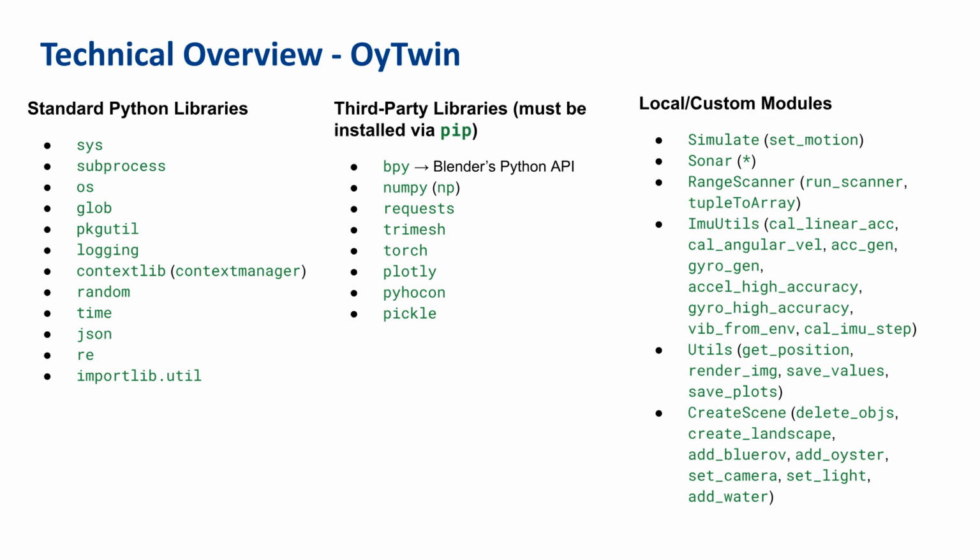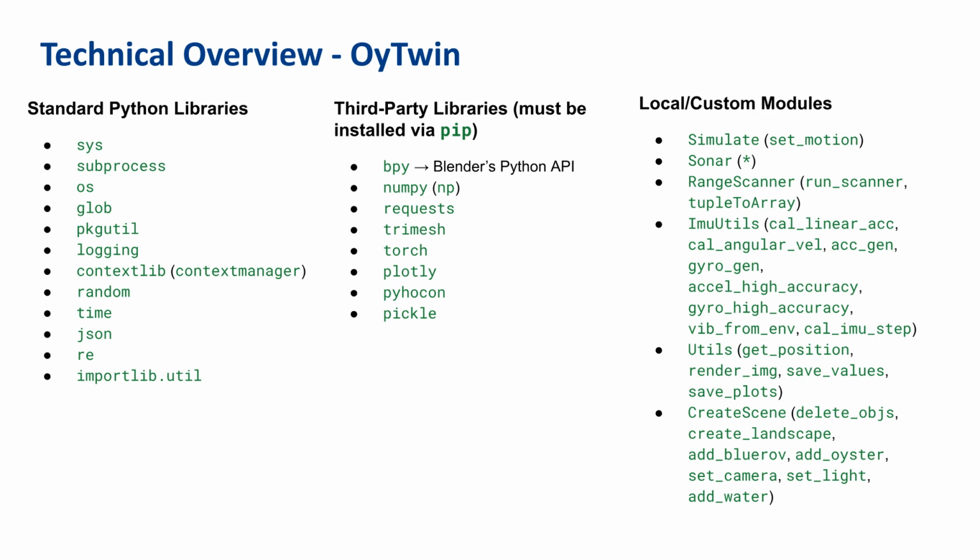In the middle, we have the third-party libraries that extend Python's capabilities. For example, BPY integrates with Blender for 3D rendering. NumPy and Torch handle numerical and machine learning tasks, while TriMesh manages 3D mesh operations. Libraries like Plotly and PyHocon are used for visualization and configuration.